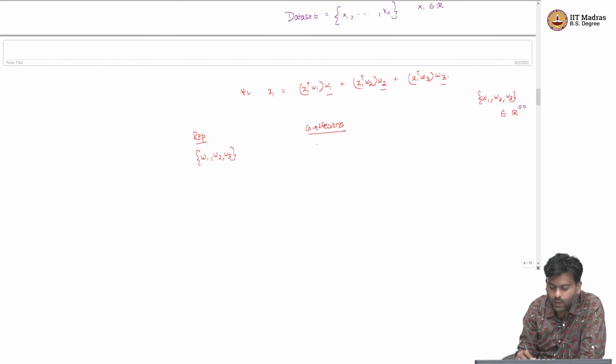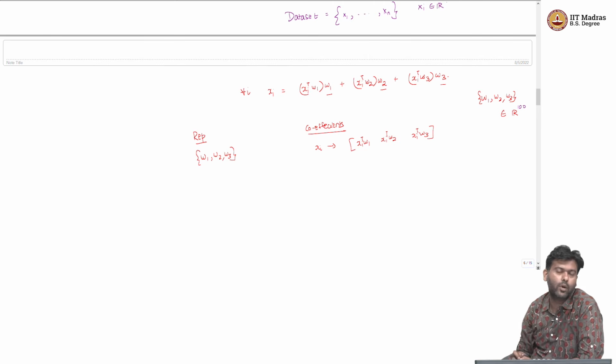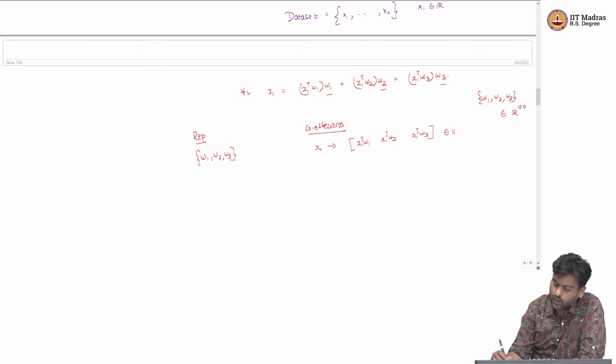We need only 3 numbers per data point. So, the coefficients for the ith data point are just xi transpose w1, xi transpose w2, xi transpose w3. It is just the dot product of the data point with each of these directions that we have found, right. So, which is in R^3, just 3 numbers per data point.